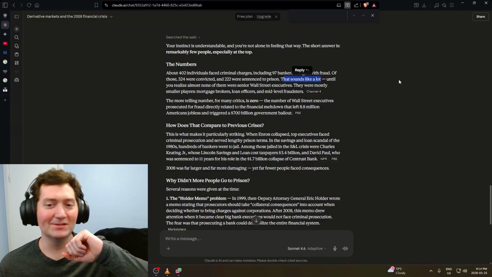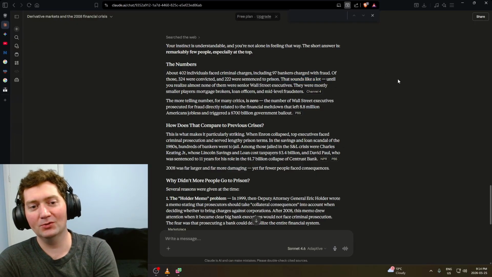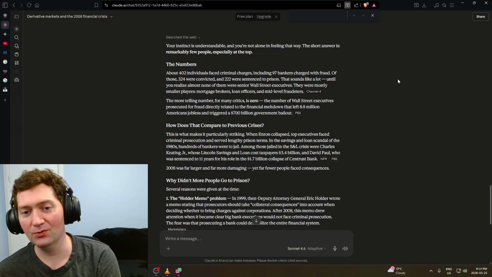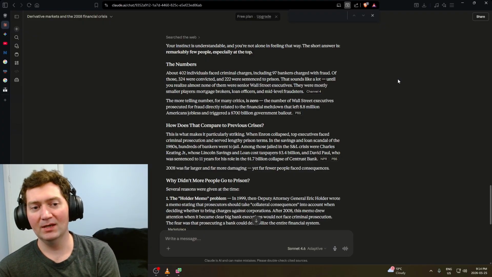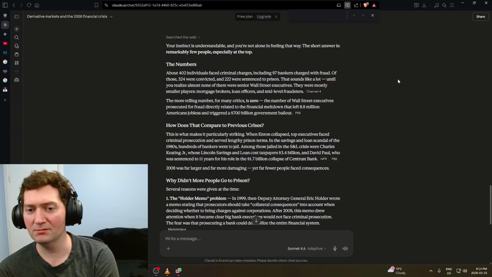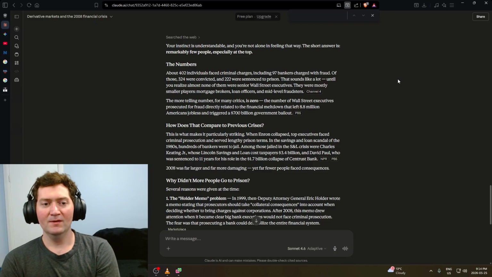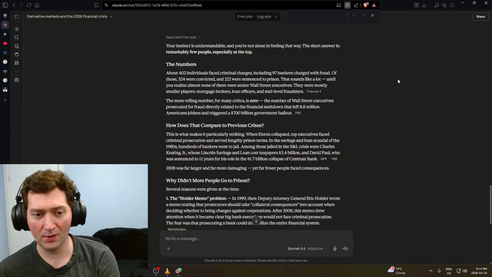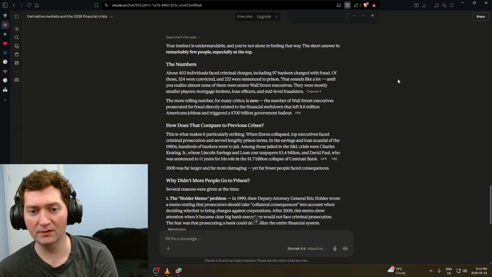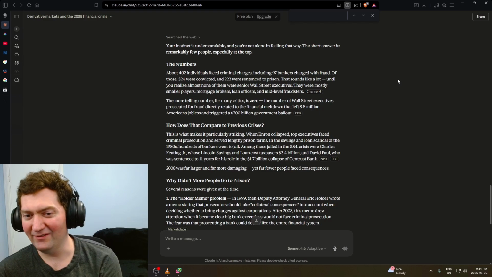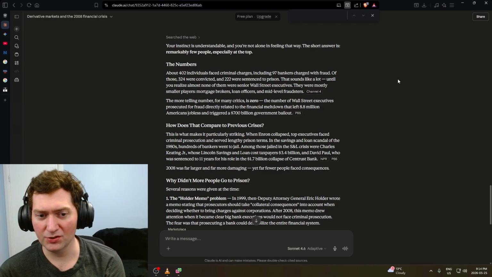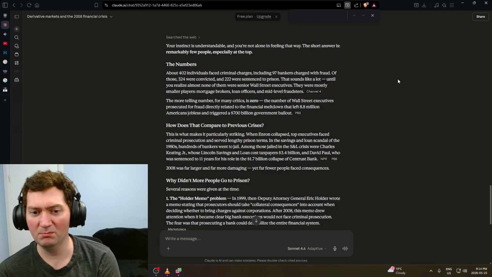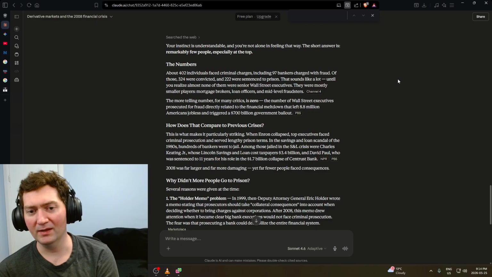Read the next sentence. It sounds like a lot until you realize almost none of them were senior Wall Street executives. They were mostly small players, mortgage brokers, loan officers, mid-level fraudsters. The more telling number for many critics is 0, the number of Wall Street executives prosecuted for fraud directly related to the financial meltdown that left 8.8 million Americans jobless and triggered a $700 billion government bailout.